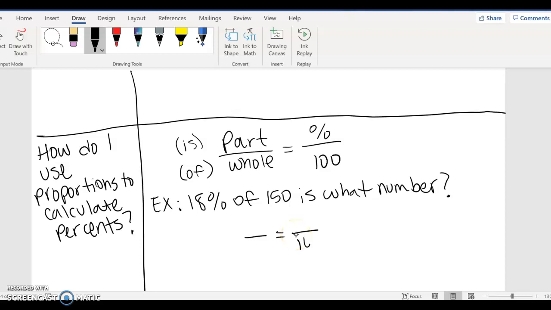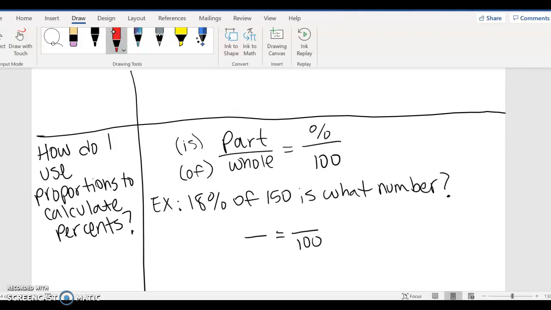You can go ahead and fill in 100 because he's going to be there in every question every time. And then we can start going through our little sentence and figuring out what pieces of our proportion we have and fill it in the correct spot.